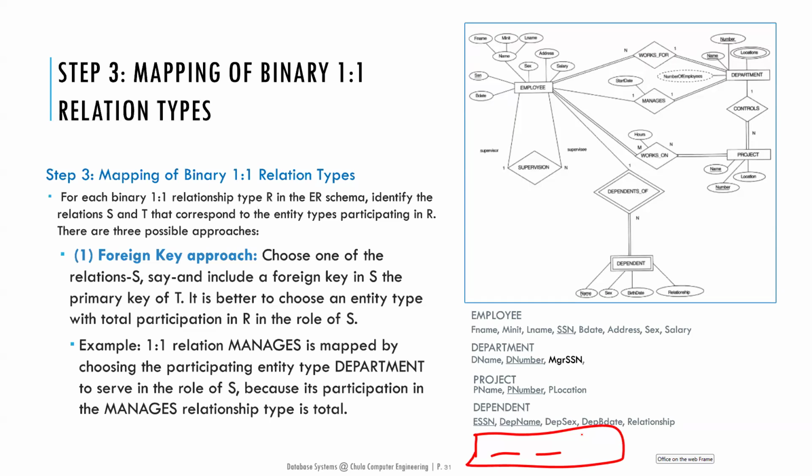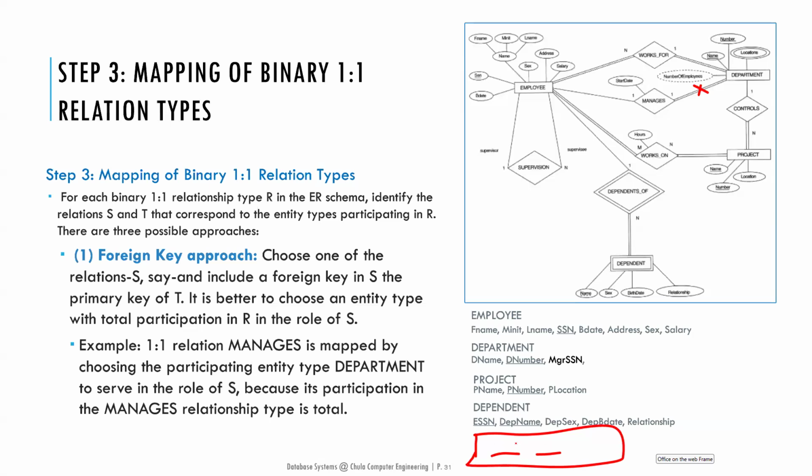The third way is to create an extra relation, a new one here, and only take the key from each side. So let me ask you, if this line is only partial, so it's partial and partial, and I want to do the third one here, what is it going to be?